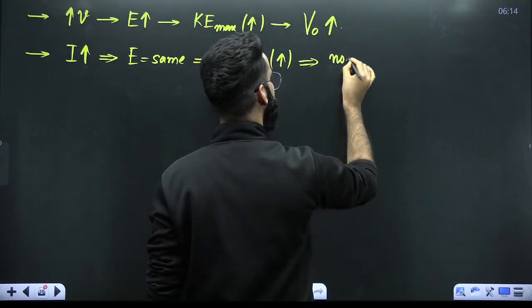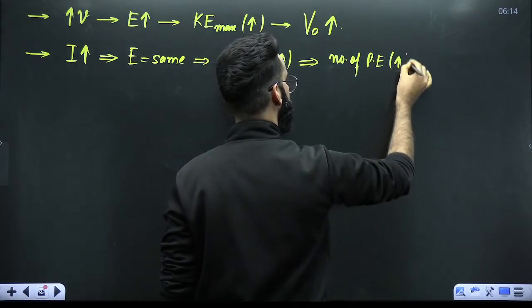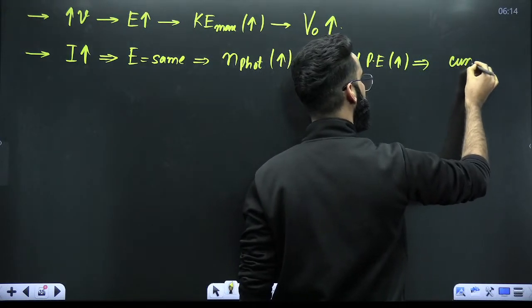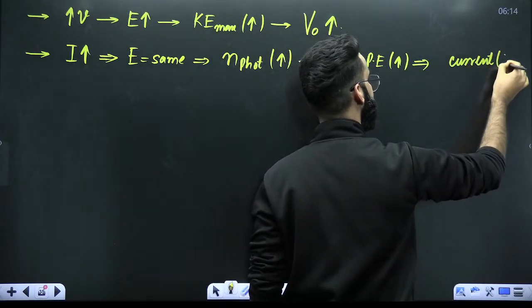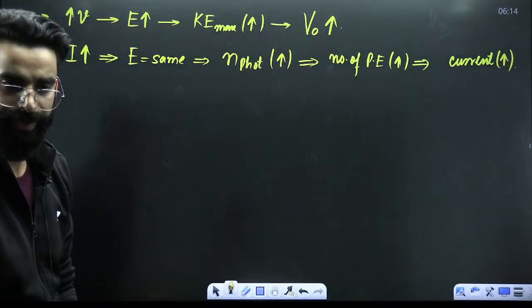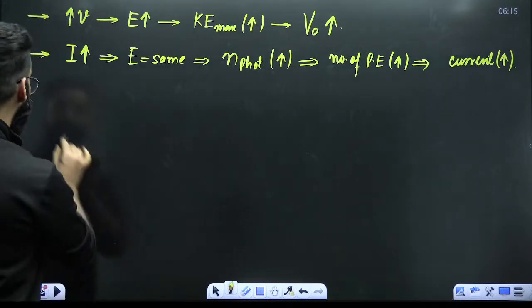So the number of photoelectrons will be more. The more the photoelectrons, the more will be the photocurrent. Right? Perfect.